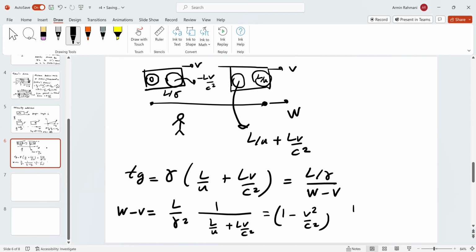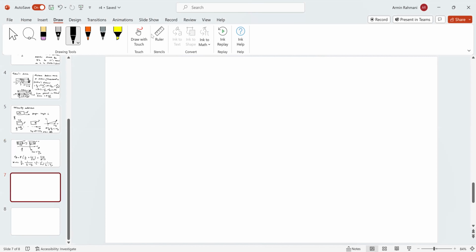And then here, what I have is 1 over U plus V over C squared. It looks like it. Yeah, and then, of course, that's W minus V. So let's see what W becomes. So W becomes V now. If I take V to the other side, plus all of that.